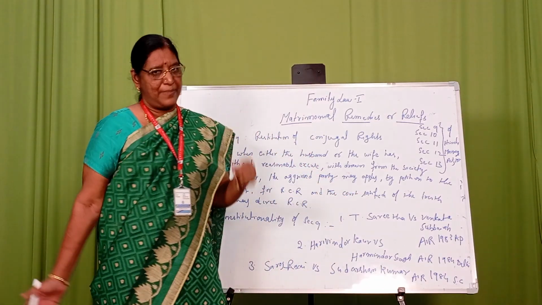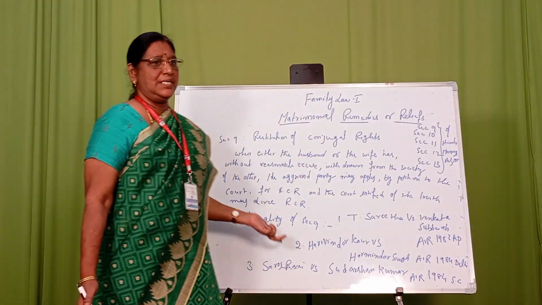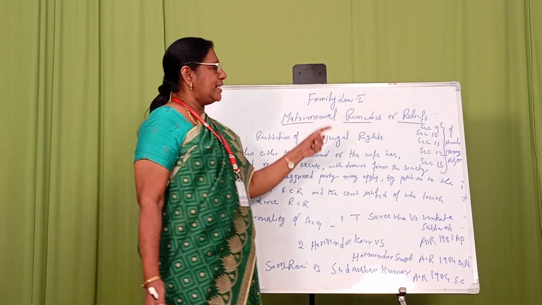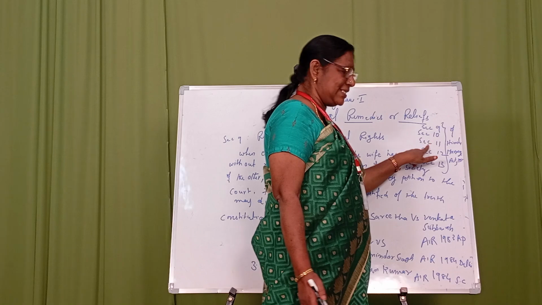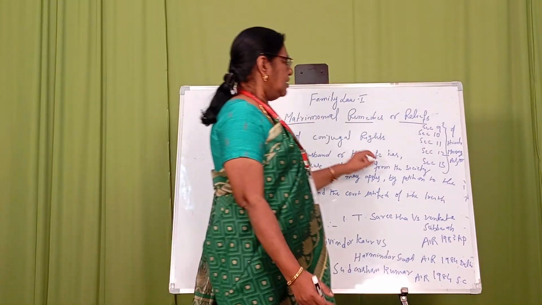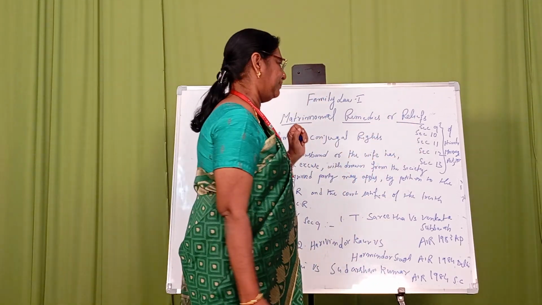So here, who are the parties? Students, in Hindu law the parties are the wife and husband. If it is a void marriage under Section 11, then the parties will not get any rights. Section 10 speaks about judicial separation.